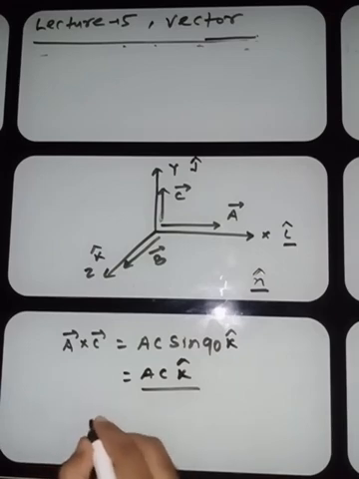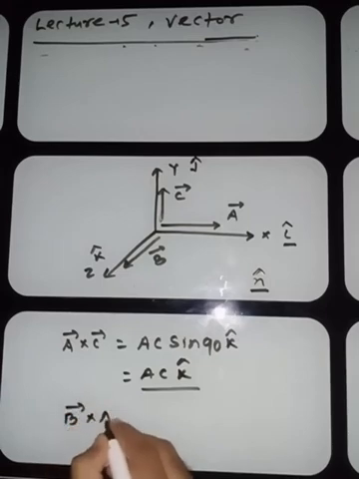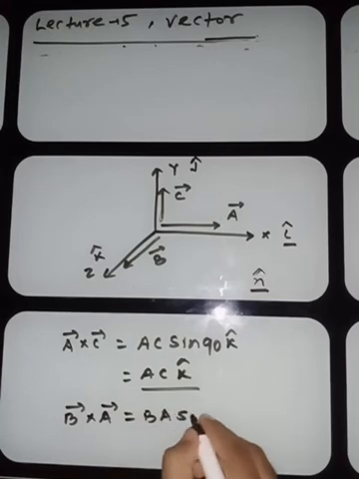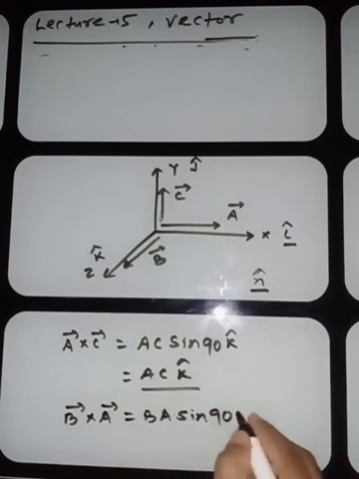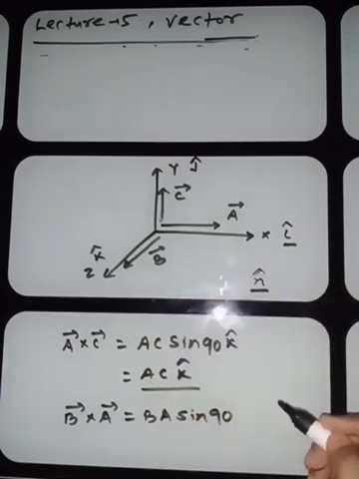Now next, B cross A. Try to find the value of B cross A. It will be BA sine 90 degrees, as you can see the angle between B and A is 90 degrees. Now what will be the unit vector?